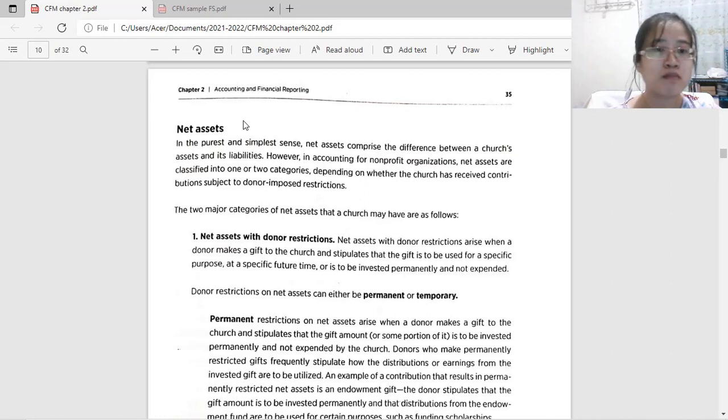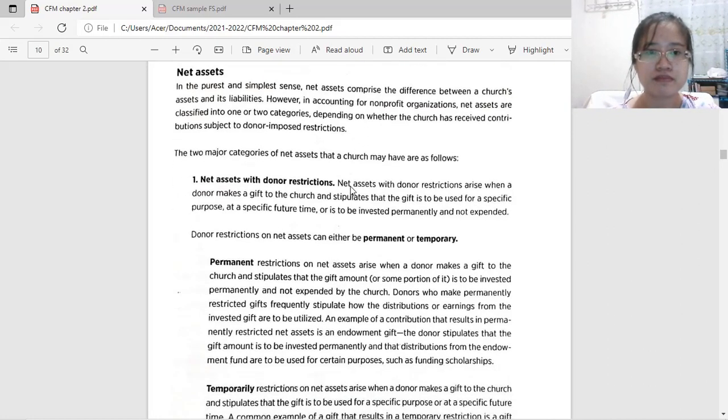But for non-profit organizations like churches, instead of calling it equity, the better term is net assets, or contributions, because again the difference is that for churches, we receive contributions without promising to give products or services. That's the case in businesses, but not in nonprofit organizations.